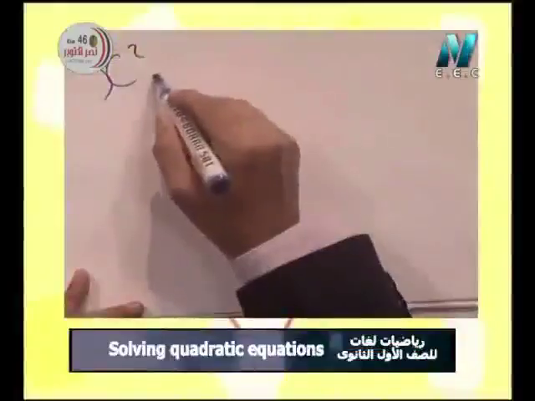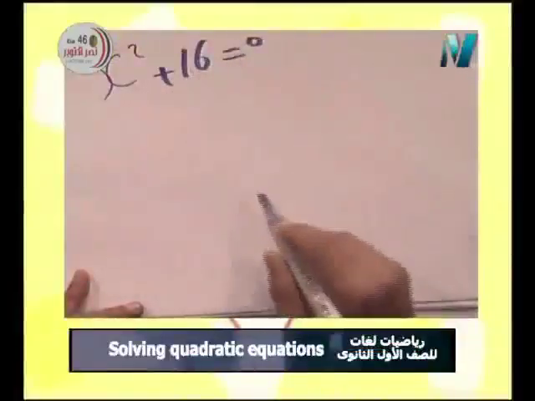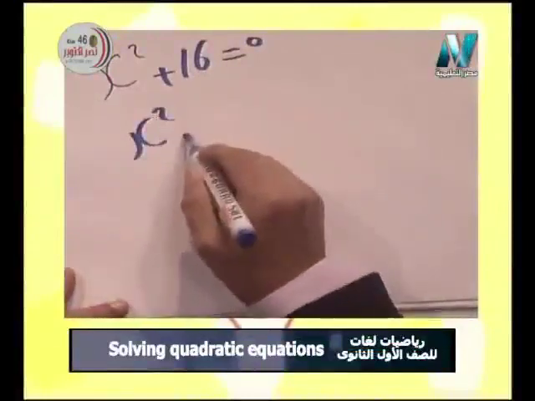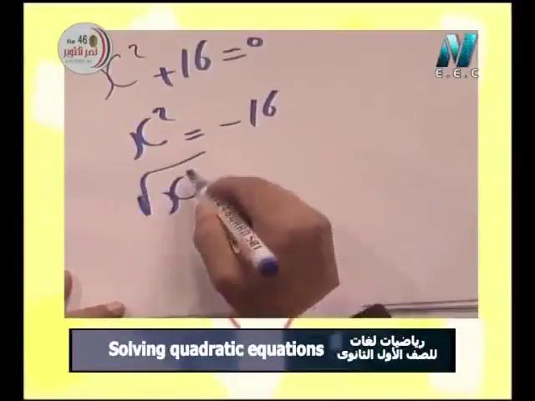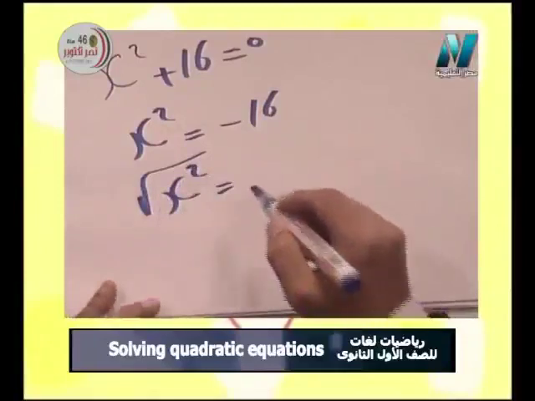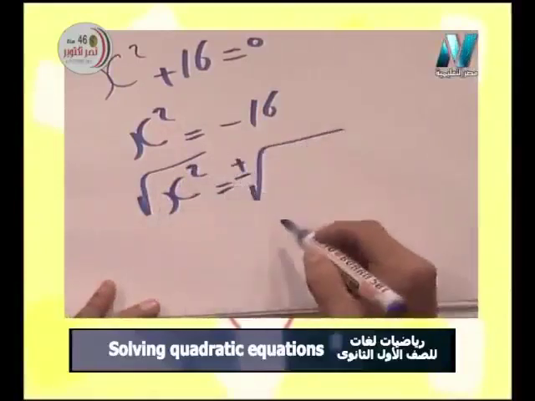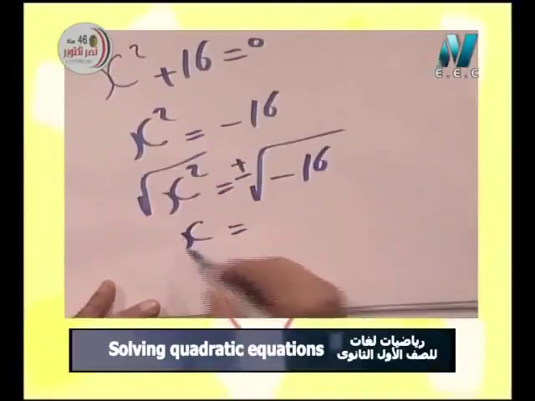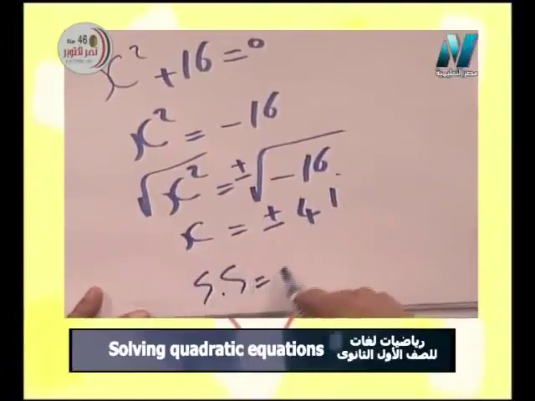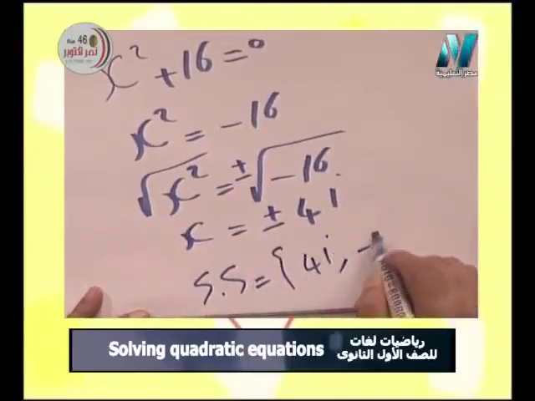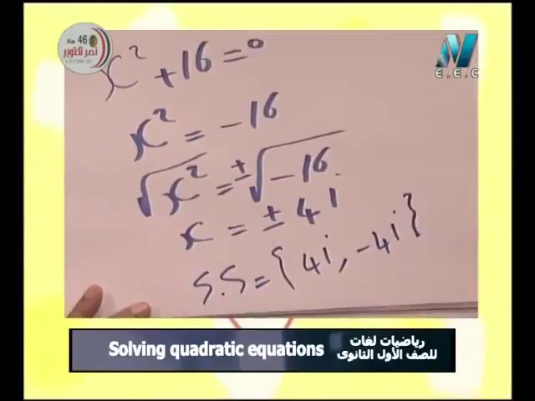If we have x power 2 plus 16 equals 0 and try to solve it, x power 2 equals negative 16, and we take the square root of the two sides. x equals positive or negative square root of negative 16. So the answer is x equals positive or negative 4i. The solution set here equals 4i and negative 4i. You see that 4i is the conjugate of negative 4i and vice versa.